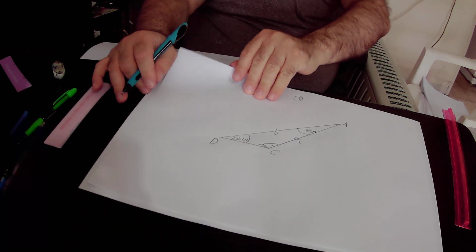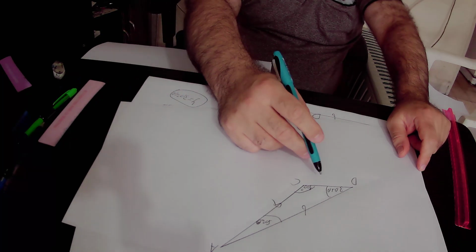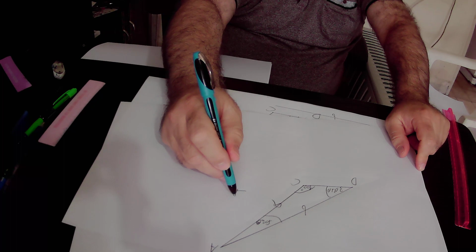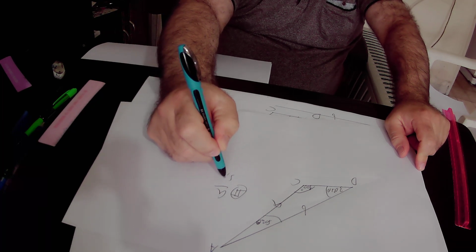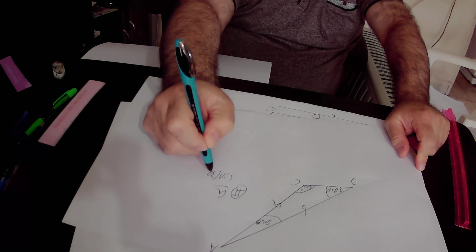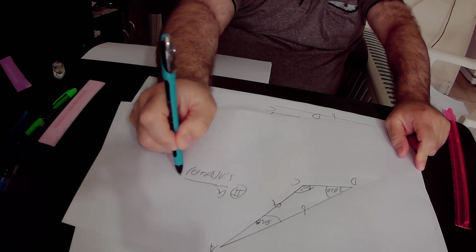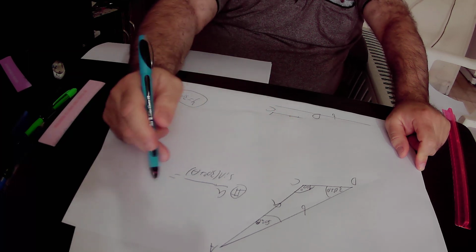So according to the law of sines, we will get that A over sine 30 degrees plus theta equals B over sine 100 degrees.